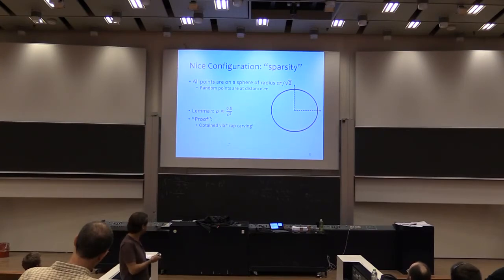And it turns out that when our data set and the query point are all on the surface of this tightest possible sphere, we can obtain rho which is equal to half divided by c squared. So there is a situation where we can obtain rho better than in general. And essentially the hashing procedure here is what we call cap carving.